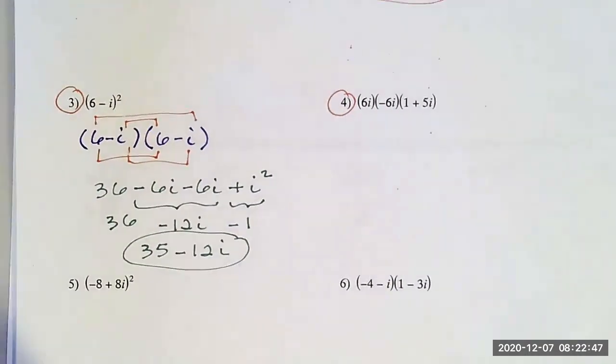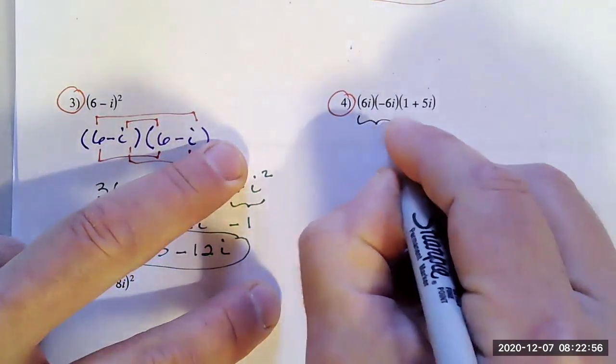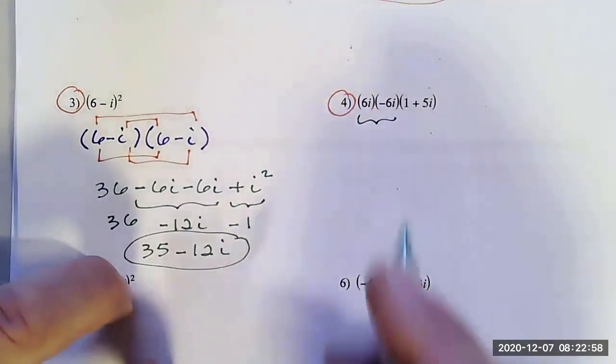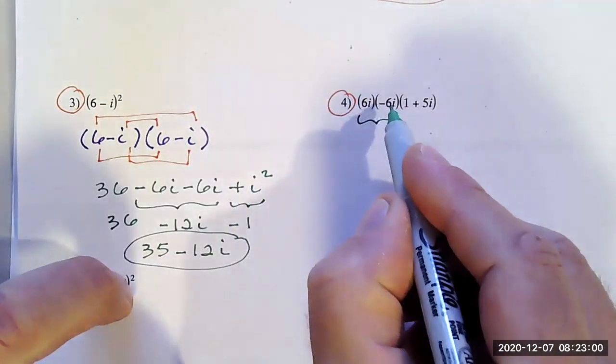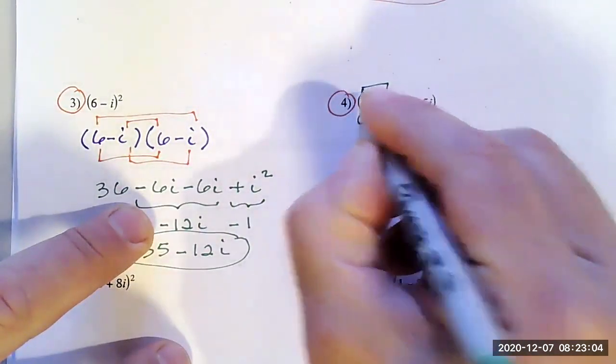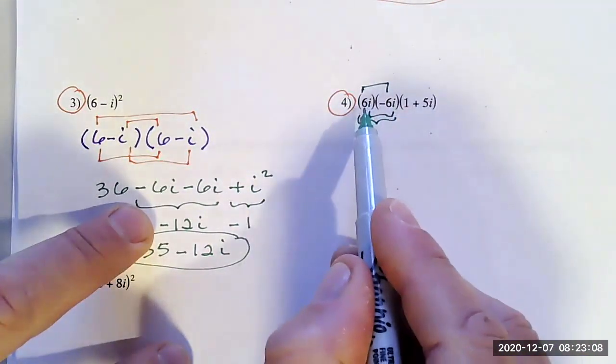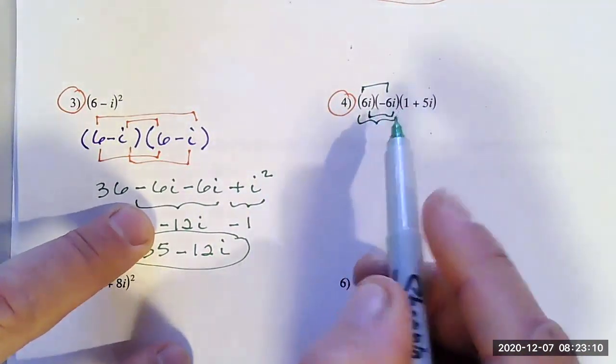One last problem. The product of 3. So you're going to take these in parts. My suggestion is to take monomials. 6i times -6i, you find the product of the reals and the product of the imaginary parts. So this is 6 times i times -6 times i.